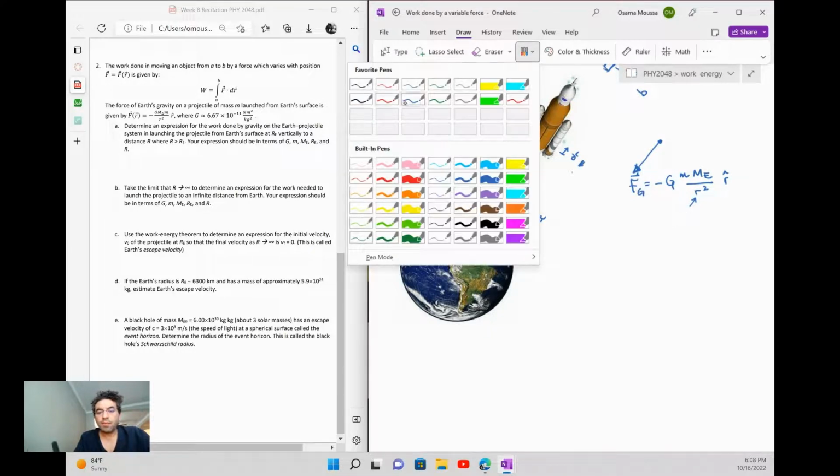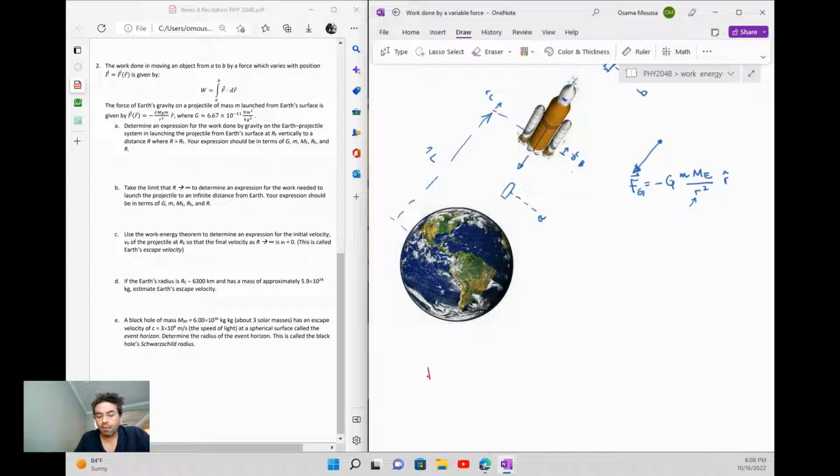Not to be a pun. So little dW, that's the work done as I go from r to r plus a little bit of r, an infinitesimal displacement dr. So that's given by the force at location r, which I know, which is given by magnitude by the universal law of gravitation, and it's in the direction r hat.